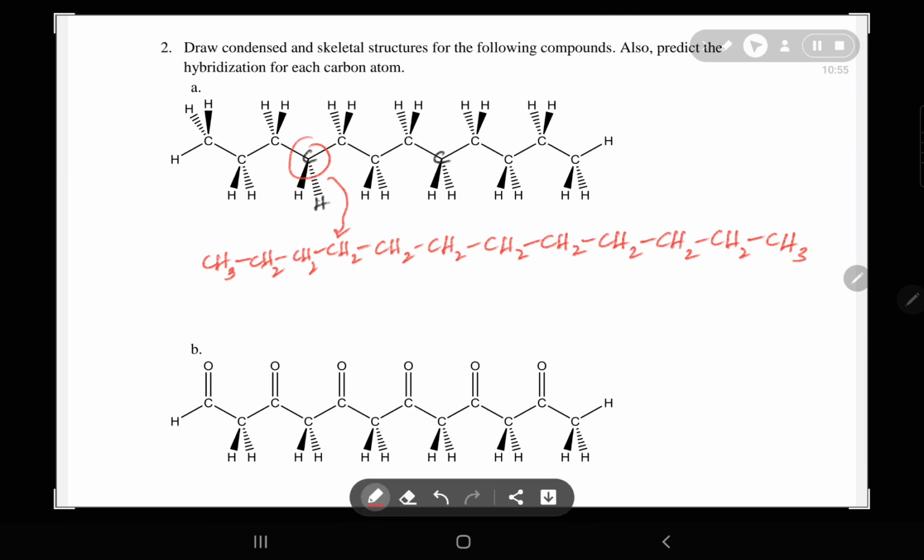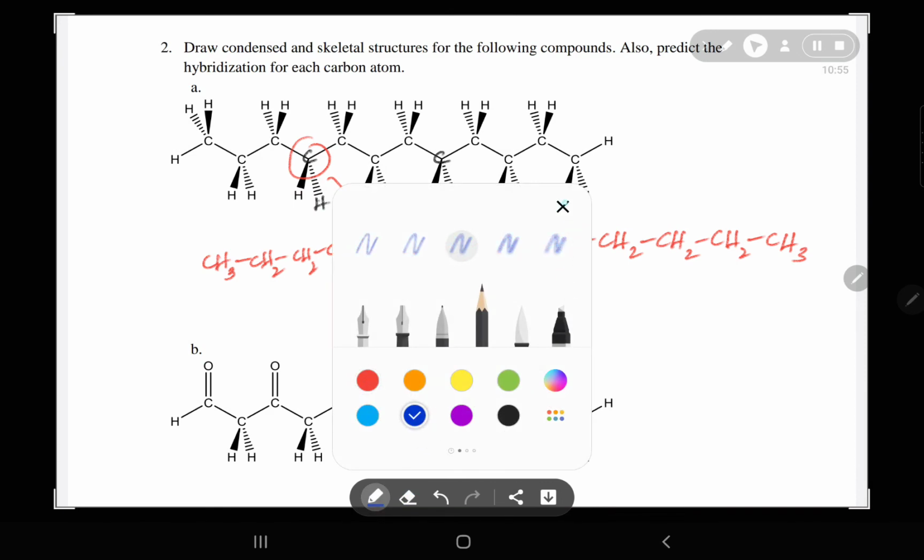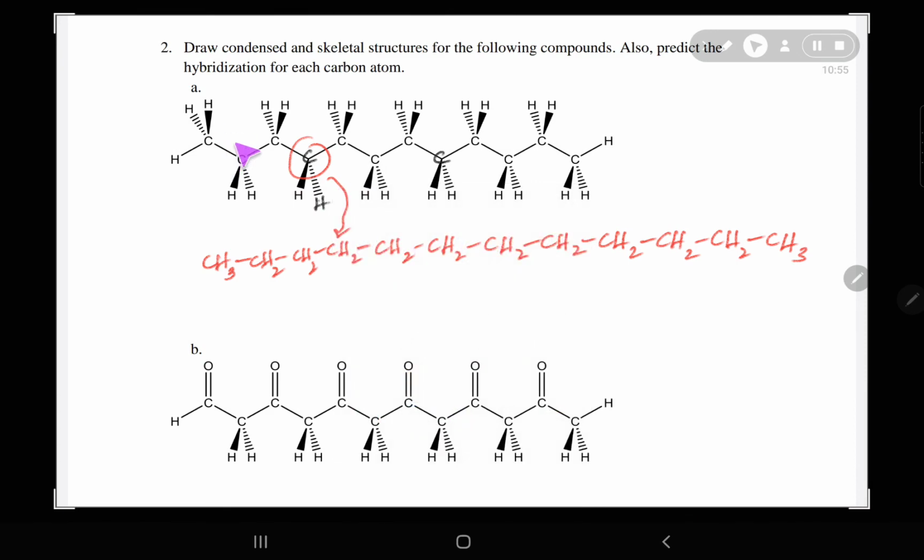So how do you draw the skeletal structure? You only write the carbon-carbon bonds. So what you can do is draw a 12 carbon skeleton structure without carbon labels, hydrogen labels, or carbon-hydrogen bonds. I'm basically trying to visualize this structure with only carbon-carbon bonds.